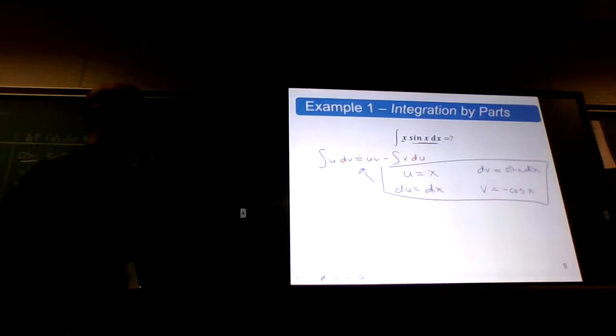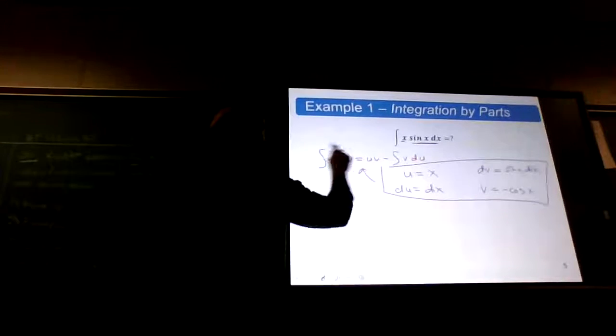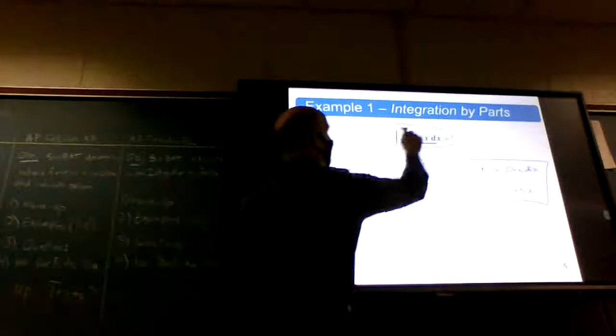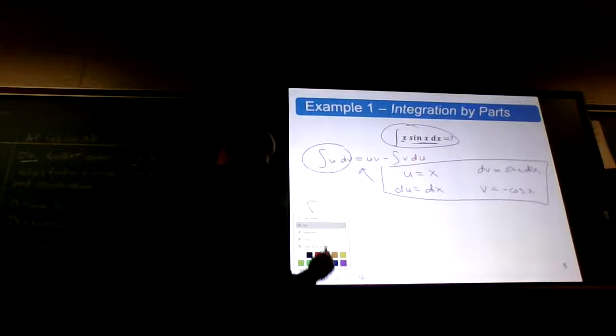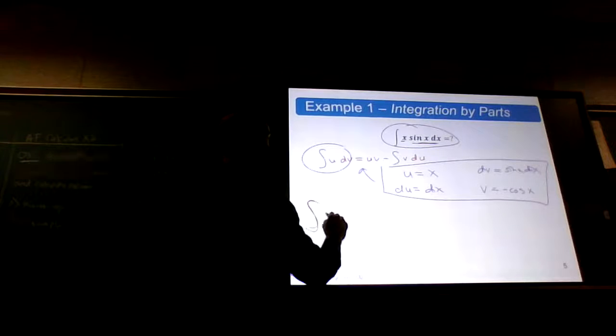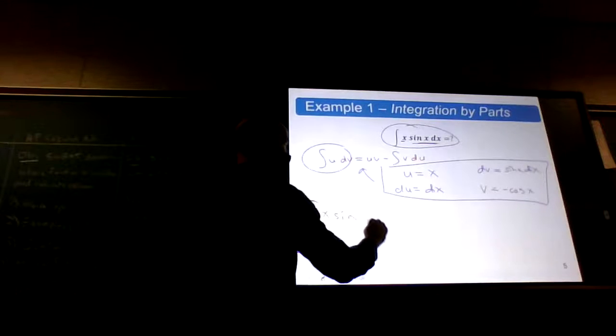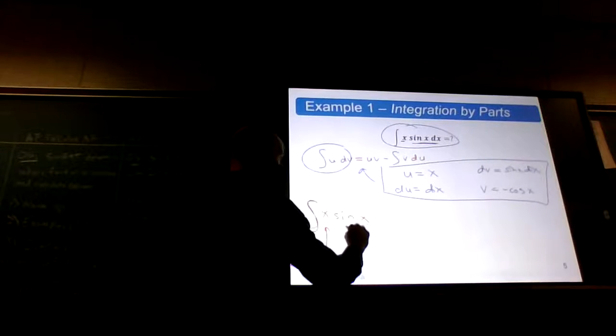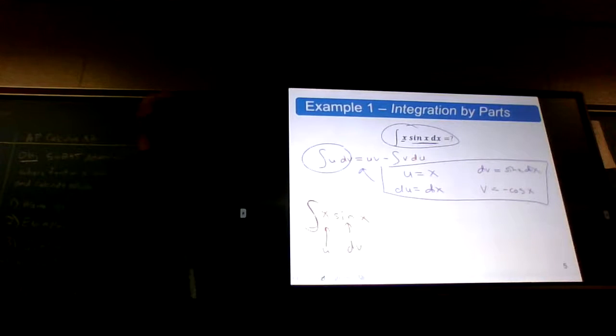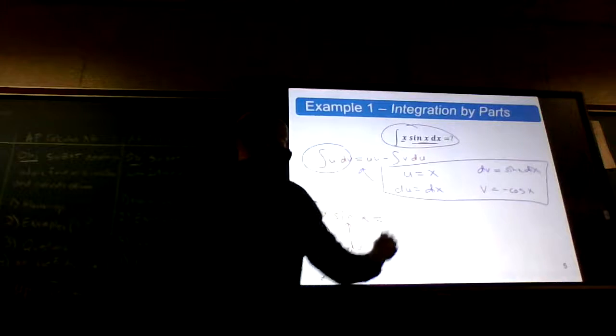So this right here is this integral. We want to know what is the integral of x sine x. Now remember, that's u, this is dv, agreed? So what's u? x.